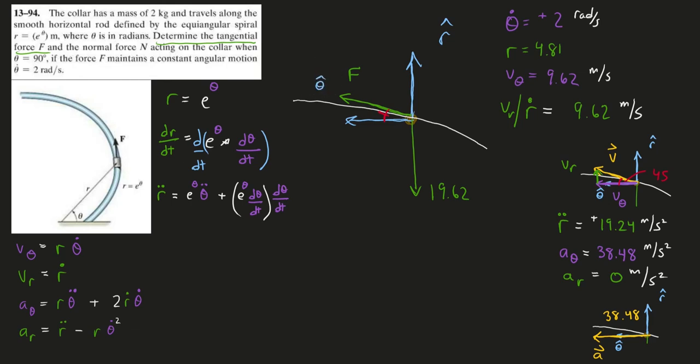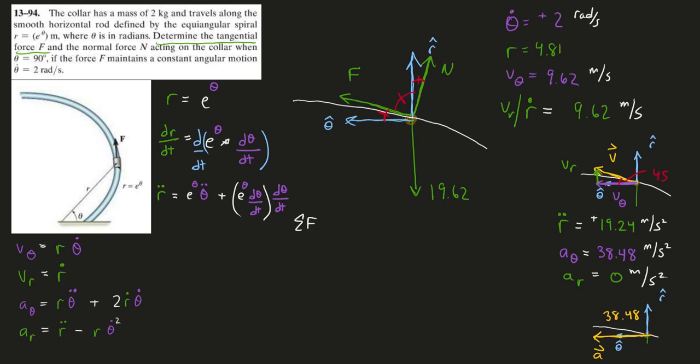So good, we have an angle for the force, we'll be able to break it down. And I will assume that the normal force is acting in this direction rather than that direction. This is a 90, so this is a 45, and the normal and the force vector make a 90, so this is also a 45.